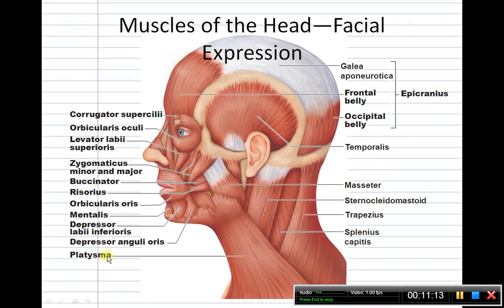The platysma is a cool one. If you tighten your chin really tight, and you grin and grit your teeth and feel your neck, you can feel the sheet across the front of your neck getting all tight. If you look in the mirror and tighten it up, you can see how kind of disgusting it is. But it's a thin sheet-like muscle that goes all the way from the chin and across the mandible down and into the upper part of the chest. It's a broad sheet.